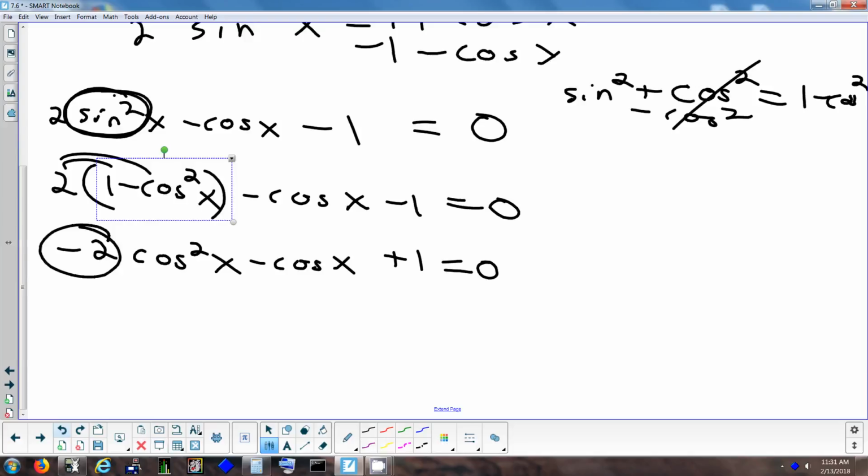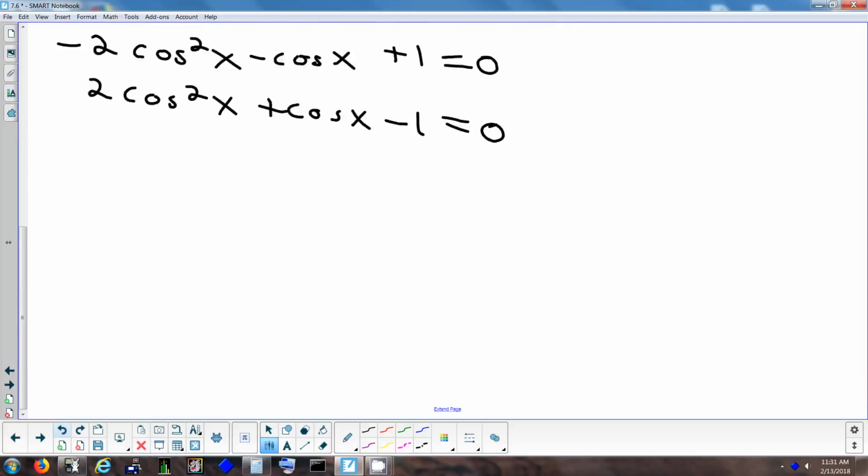Sometimes this number will come out positive and then you're good. It's just in the last two problems it hasn't. So let's make it 2 cosine squared. What would come next? Plus cosine minus 1.